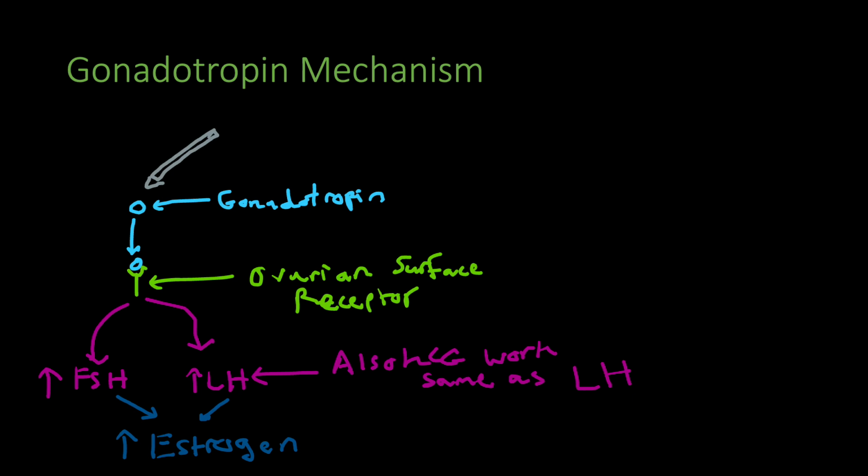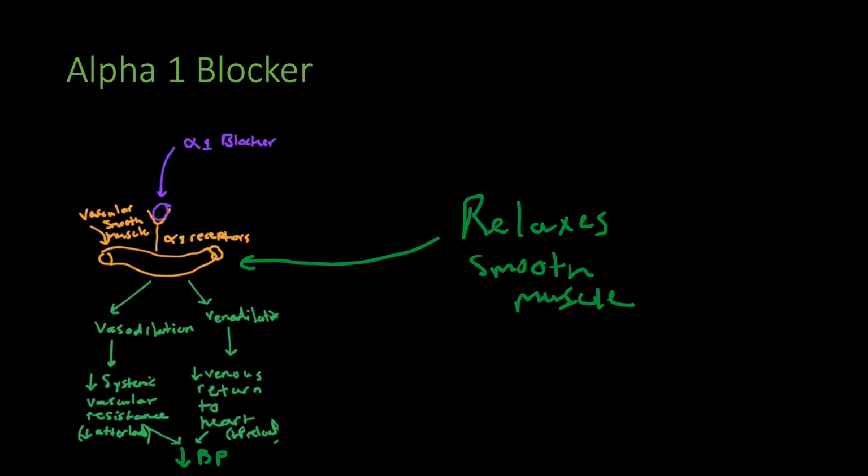So that's how it will work here as well. Alpha 1 blocker. Okay, so that was it for the female reproductive parts.